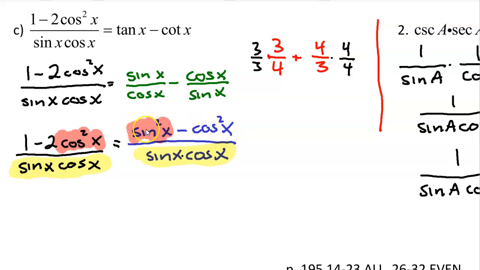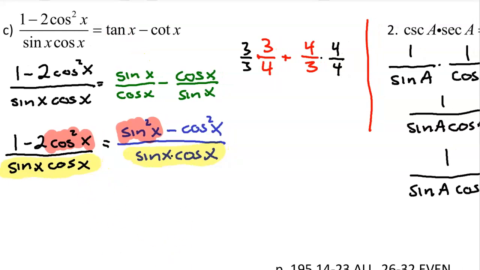If I want to finish this problem, it can't have any sines in the answer, so I know I need to do something about this sine squared x. Right? So you see the little logic there of like, how do I know what to do next? It's like, well, what do I have? What am I trying to get? Something with all cosines. What do I have right now? Something with cosines and a sine. Therefore, get rid of the sine squared, and I'm probably going in the right direction.